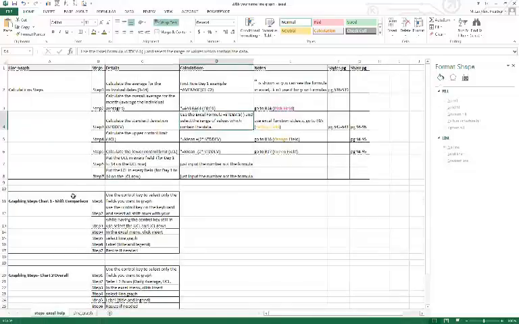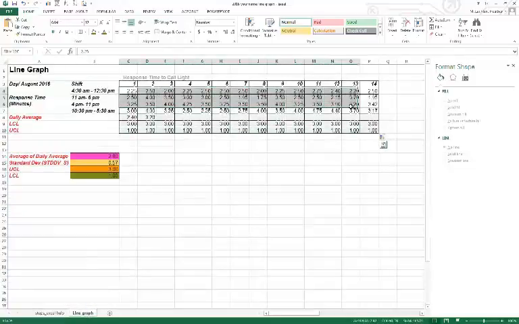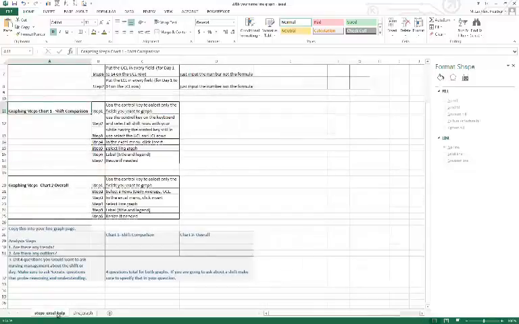We're going to do one first where we see all 4 shifts, and this can help identify maybe a particular shift with an issue. Sometimes it helps identify particular personnel. And then we're going to do another one overall, and this can help identify days.